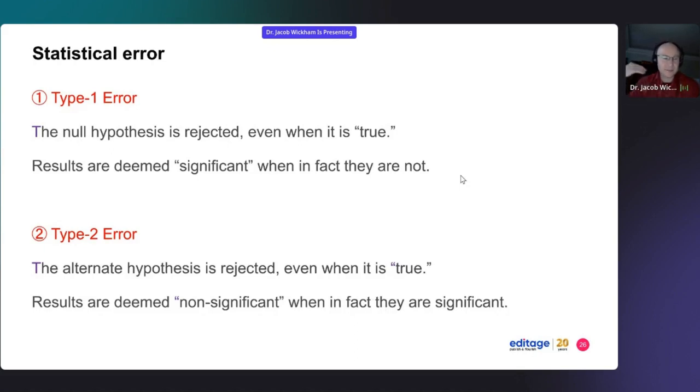So basically in type 2 error, your results are deemed not significant. Oh, there is no difference, but actually there is a difference. Maybe your sample size is not big enough to detect the differences. So those are the differences between type 1 and type 2 errors. And actually, setting the alpha value, the confidence value, at 0.05 is a good compromise between type 1 and type 2 errors.